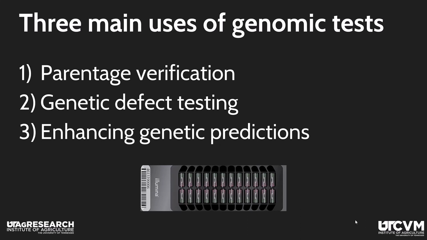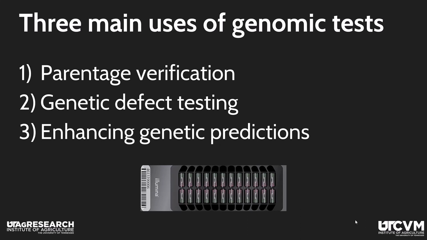The second is genetic defect testing. We'll spend a little bit of time talking about this because I think it's an area of genomics that, again, we've known for a long time that we can put these simple genetic defects on a genotyping test and avoid carrier matings.